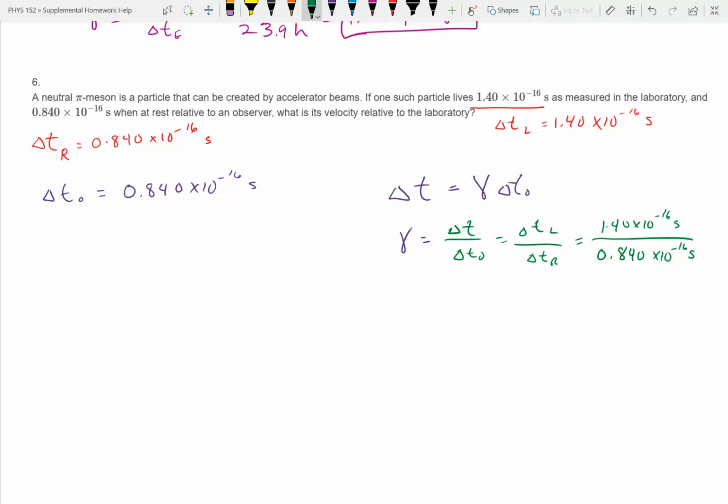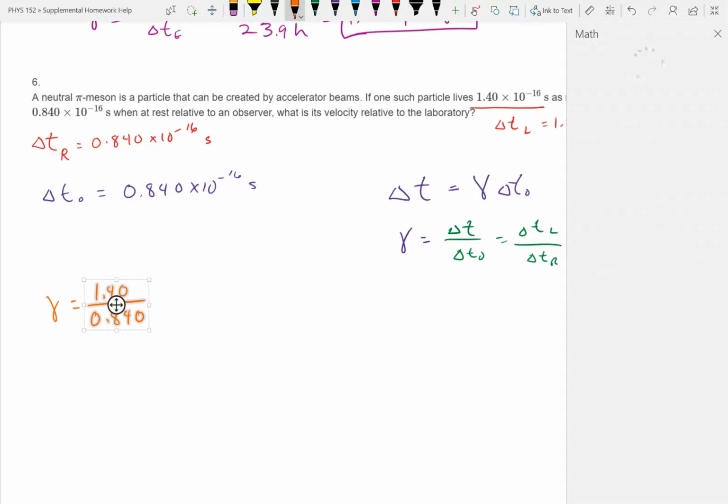Notice the times 10 to the minus 16 seconds are going to cancel out, and we're left with, and there's a reasonable chance that it will actually do the math right on this one because it's simple enough. Hey, we've got internet back. Nice.